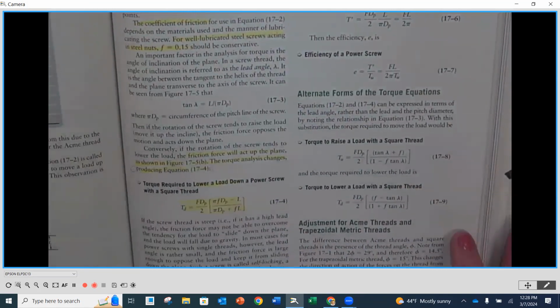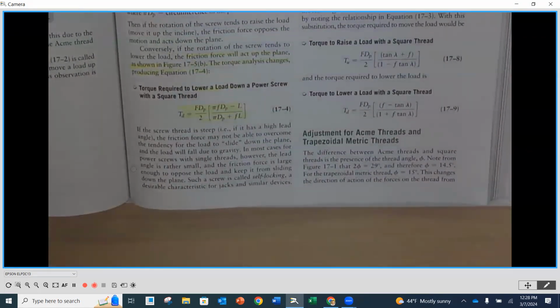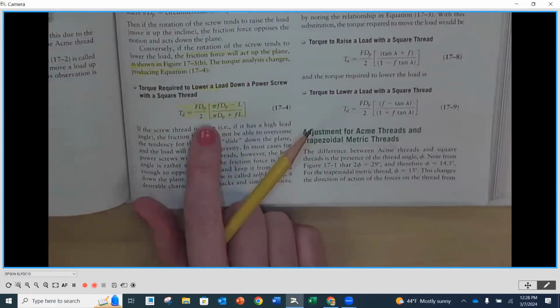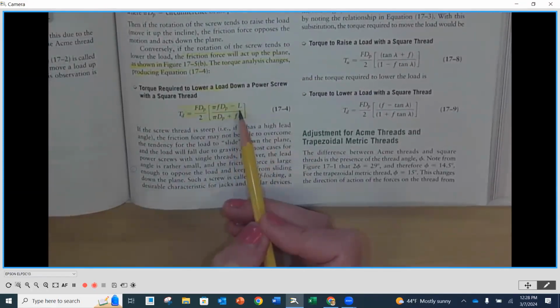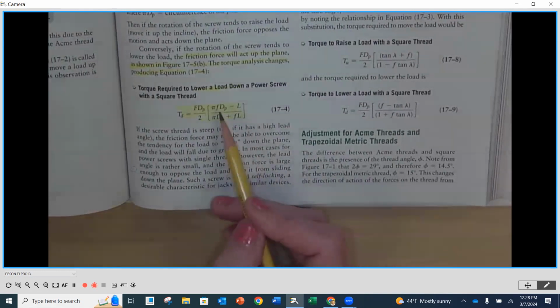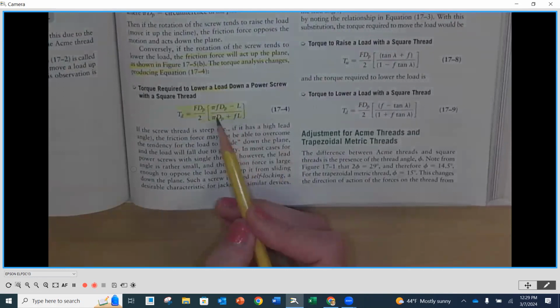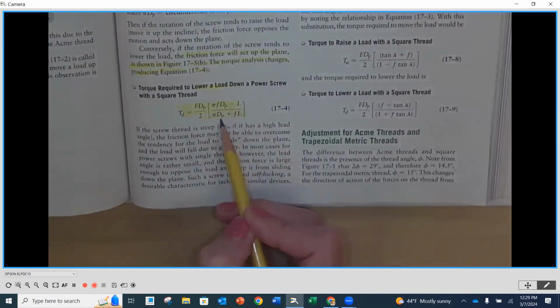Then the other torque is the torque when it goes down the lead screw, and it's a little bit different. You'll notice that now we're subtracting off the lead rather than adding it on the top, and adding on the bottom. It's just the difference in the direction you're going. Same variables when we have the pitch.